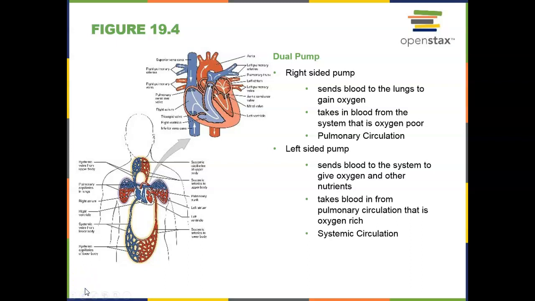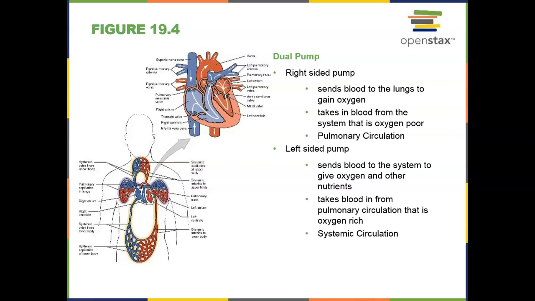So the heart has 2 pumps associated with it. It has a right-sided pump and a left-sided pump. The right-sided pump is the pump that takes in oxygen-poor blood and sends it off to the lungs. The left-sided pump then takes in oxygen-rich blood and sends it to our body.